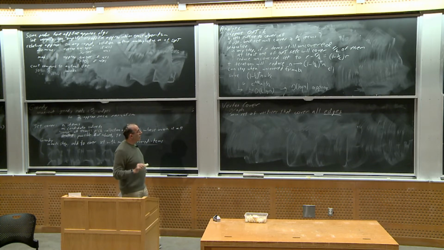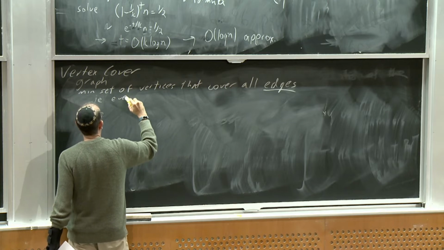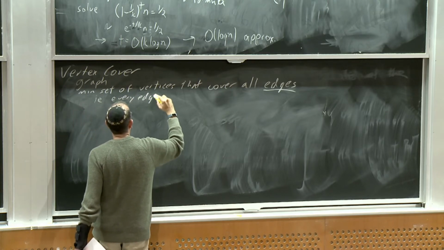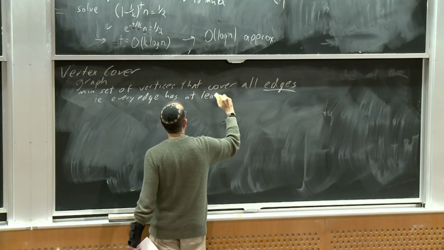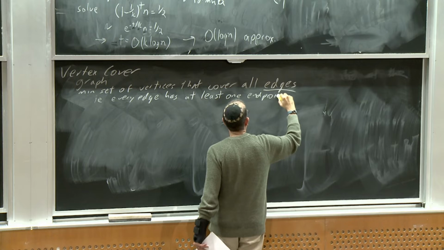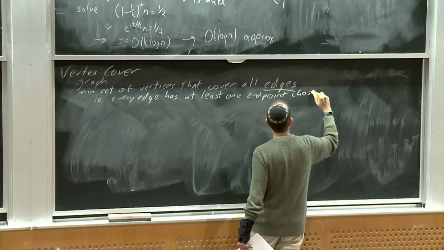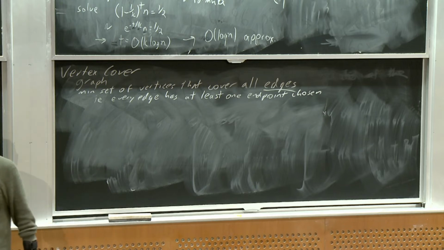So a vertex covers the edges that are incident on it. Okay? And basically, we want to make sure that every edge has at least one endpoint chosen. The way I misstated it originally, that's actually called the edge cover problem.